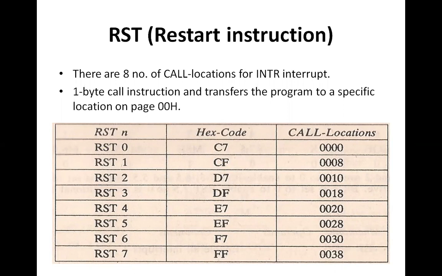This is the case of software interrupt. In case of hardware interrupt, we have to use an RST instruction to restart the program execution. So these are the certain ports, and these are the call locations of the different RST instructions.